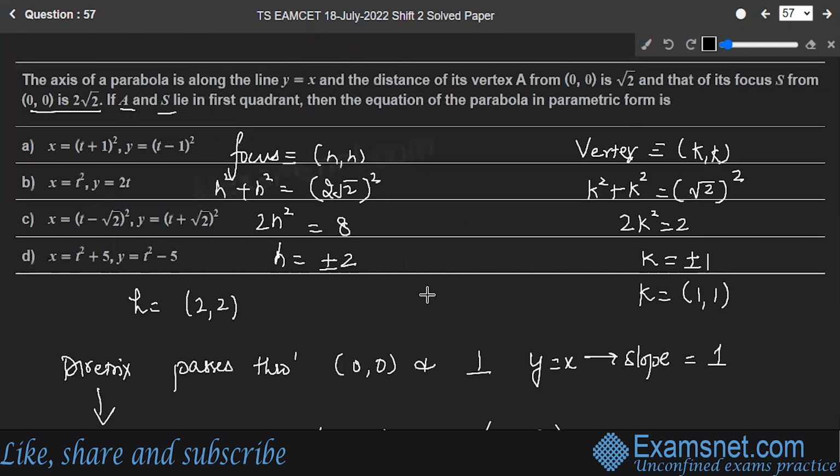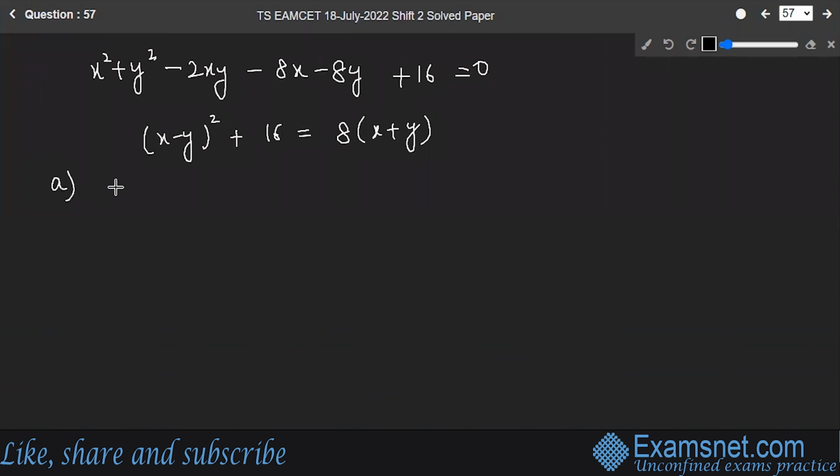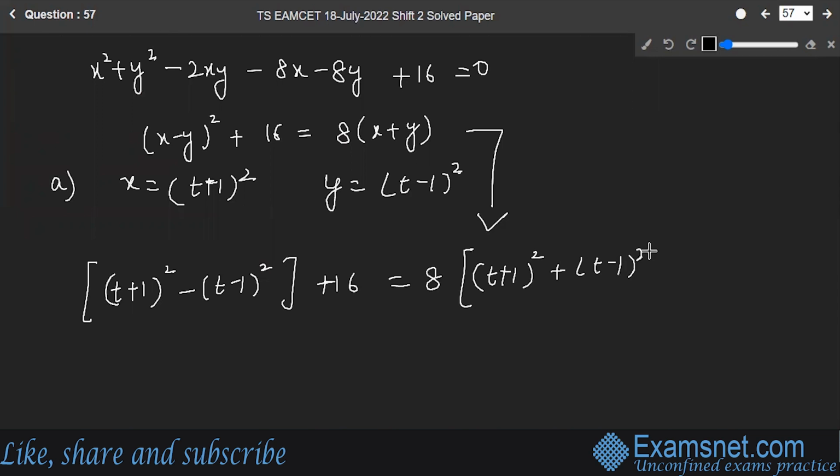So let's start with the options now and see which one satisfies the given parabola equation. Let's pick up the first one: x is equal to t plus 1 whole square and y is equal to t minus 1 whole square. So this equation will become t plus 1 square minus t minus 1 square plus 16 is equal to 8 into t plus 1 square plus this.